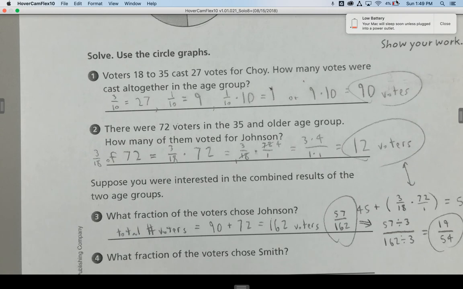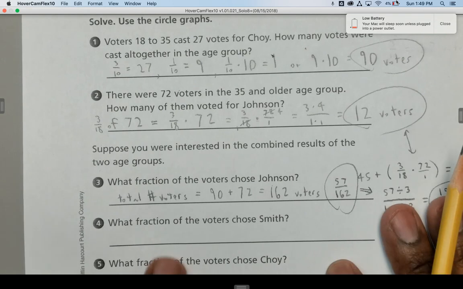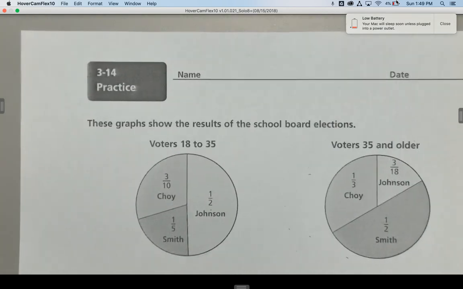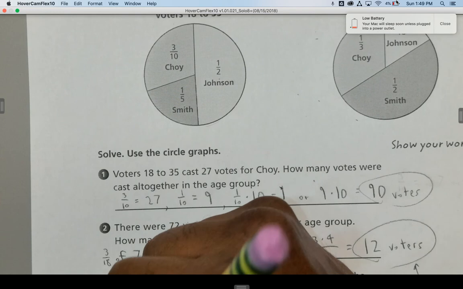Okay. What fraction of the voters chose Smith? Well, let's look at how Smith did. With the young voters, there were 90 of them altogether. Smith got 1/5 of the vote. So we got to calculate what 1/5 of 90 is.